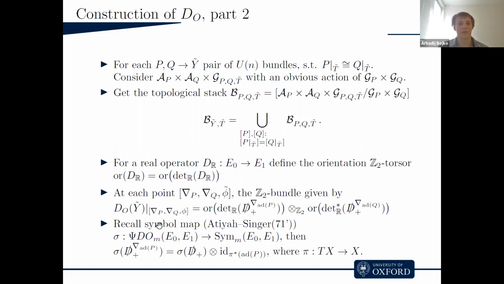Recall that we have a symbol map, which is a continuous map from pseudo-differential operators of degree m into symbols of degree m. Using this notation, this twisted positive Dirac operator has a symbol given by the symbol of the Dirac operator tensored with the identity on the pullback of the adjoint bundle of P, where pi is the projection from the tangent bundle into X.